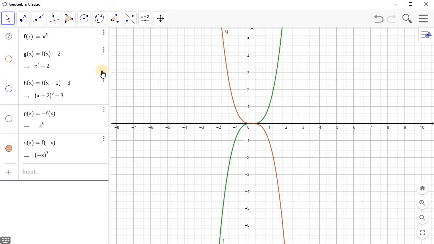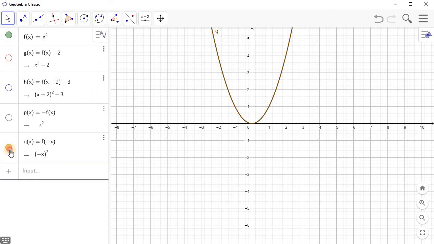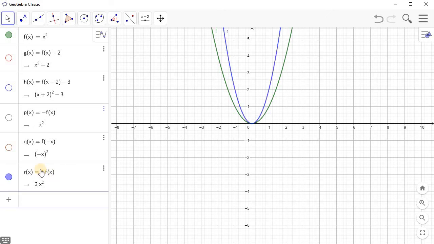So let's change that back to squared. We'll hide that one. Now let's look at a number in front. So let's do 2f of x. And what that does, remember, the number in front, when it's larger than 1, it stretches the graph. You can see it takes these sides here and pulls it up.